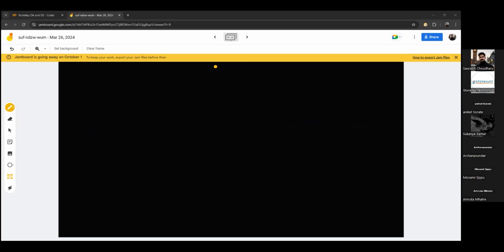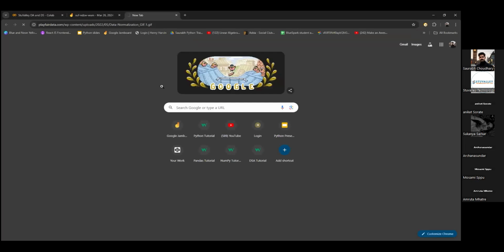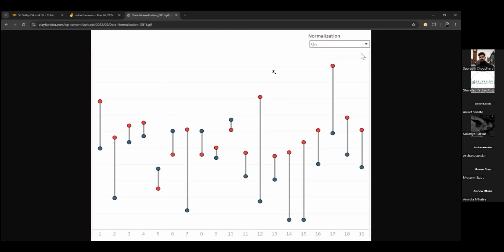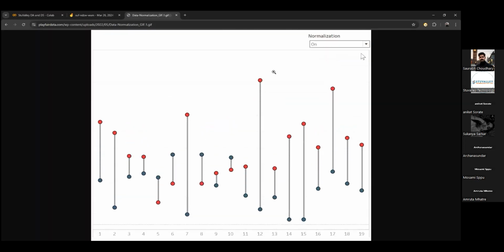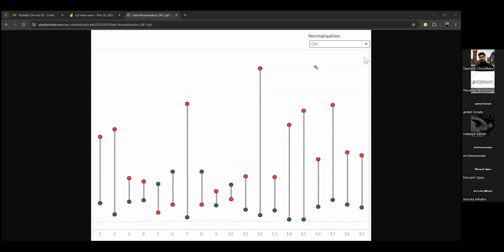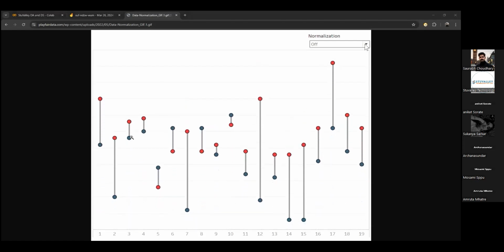If somebody have the... okay, I have this one. Let me copy image address. Let me show you this GIF, means animation. Let's see this. This is normal data.